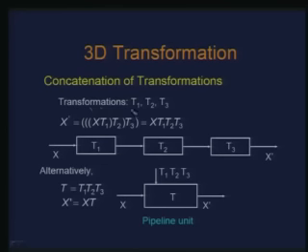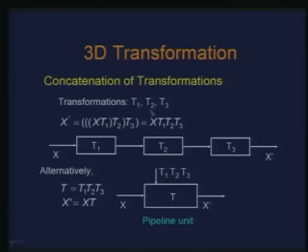Now, just the way we had seen composition of transformation in 2D, the same concept extends here, right. Now, let us say I have a sequence of transformations given as T1, T2 and T3, right. There could be more.